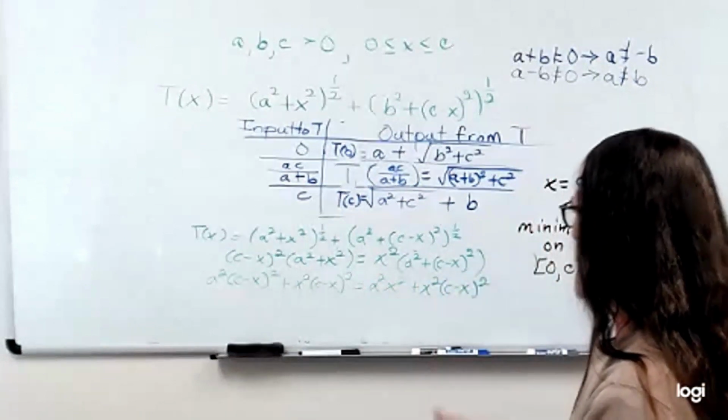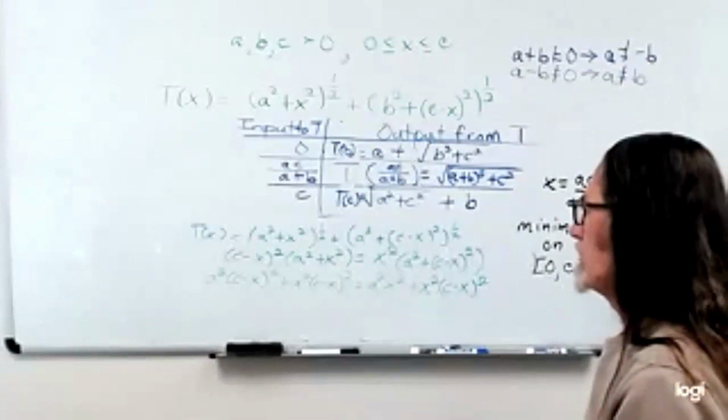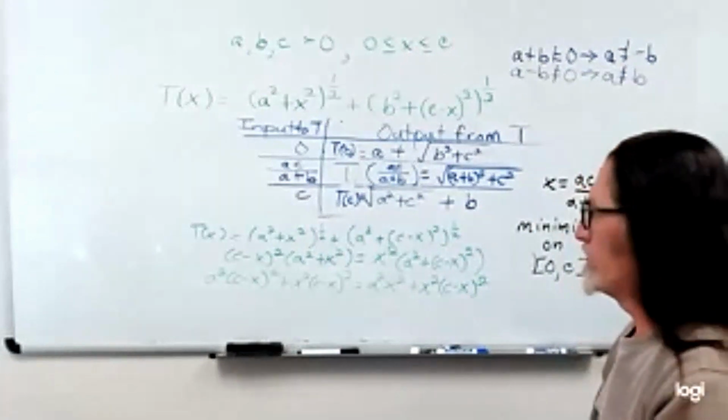Then we see that we can cancel the common x squared times the quantity c minus x, all of that squared.